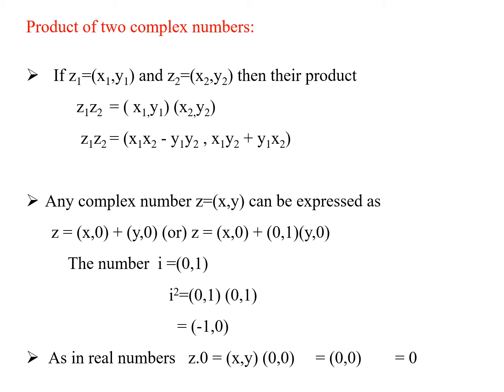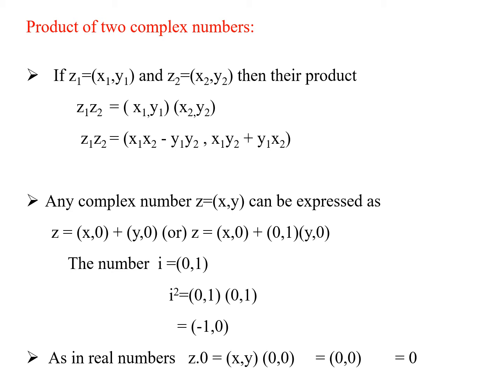Any complex number z can be expressed as the ordered pair x comma 0 plus the ordered pair 0 comma 1 into the ordered pair y comma 0. Using this, we can find the value of i square.